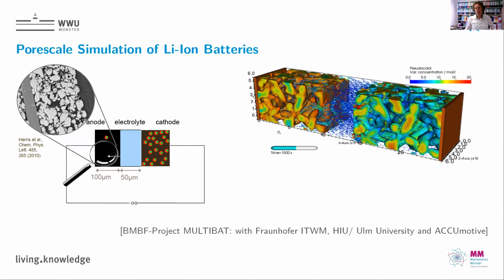And if you replace these detailed simulations in the full geometry just by a homogenized model, then you can never resolve these fine peaks in the local currents. This is the reason why in these examples we really need to resolve these complex geometries and really solve the PDEs in this pore scale system.